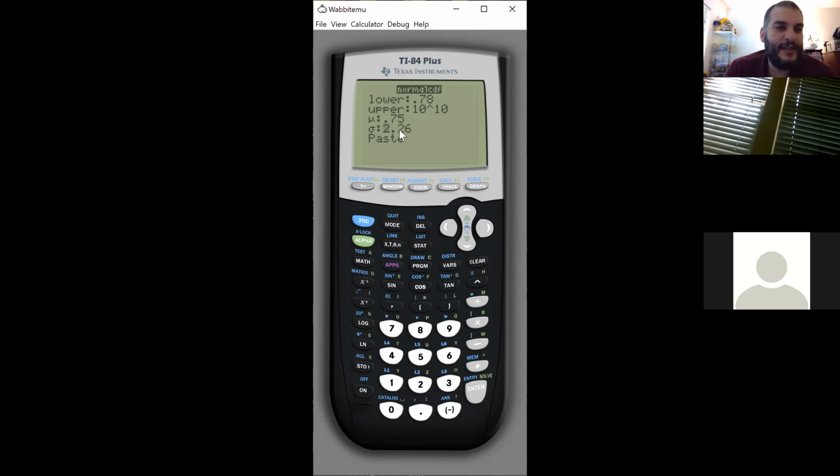And for standard deviation was sigma of p hat, so that was 0.0306. So we go ahead and do a paste. We hit enter. And you got that probability.